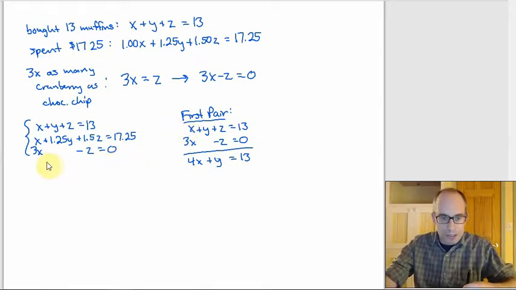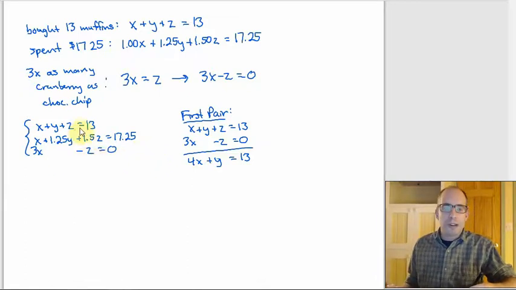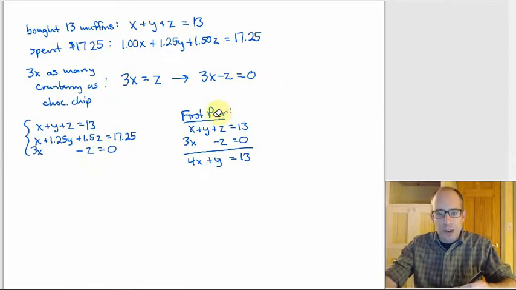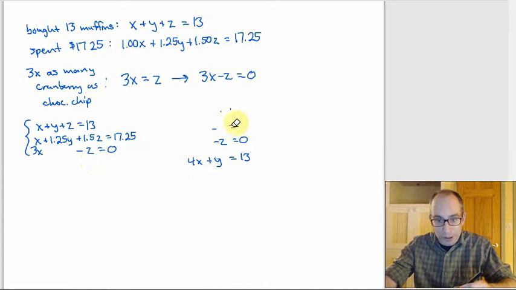Because I jumped right on the additive inverses, the better idea would actually just be to use the first two and eliminate y. Because then this one's already just in terms of x and z. So you could do it the way I'm doing it, but you're going to stretch it out. So don't do that. It's long enough already. Don't stretch it out any further. So I'm just going to get rid of this. I'm not going to do it that way.